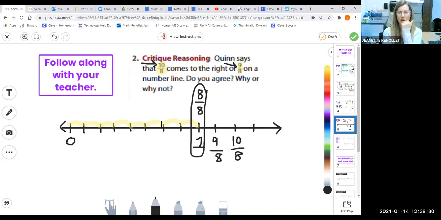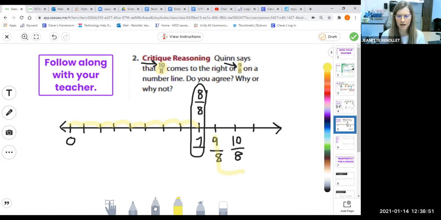Okay, now that I have a picture, I can really think about what Quinn is saying. Quinn says 10/8 comes to the right of 9/8. So is 10/8 to the right? Let's see, here's 9/8.